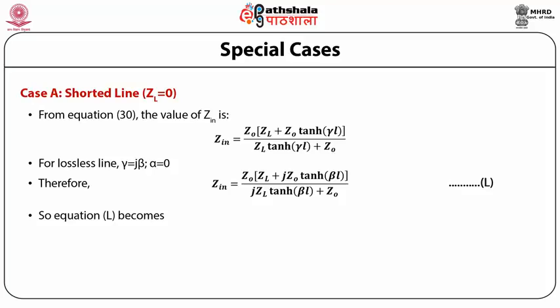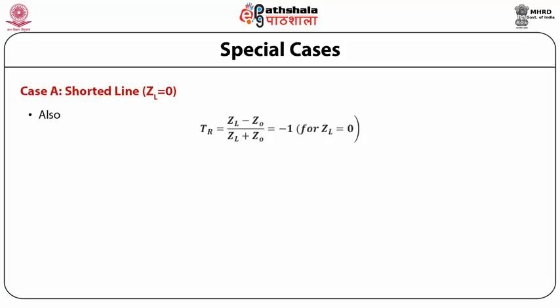So equation L becomes ZSC equal to Zin at ZL equal to 0. So ZSC becomes jZ0 tan of beta L. Also, gamma R equal to (ZL minus Z0) divided by (ZL plus Z0) equal to minus 1 for ZL equal to 0, and S equal to Z0 by ZL equal to infinity, as Z0 is greater than ZL.